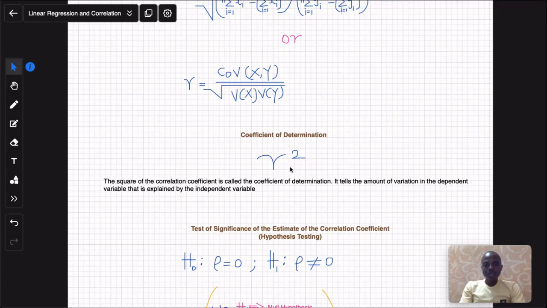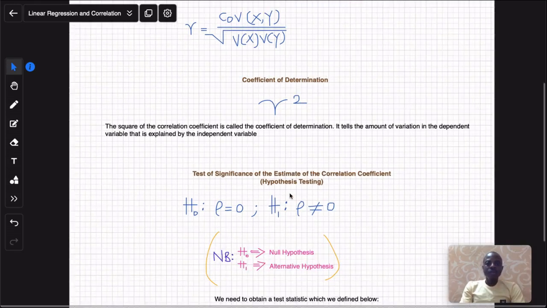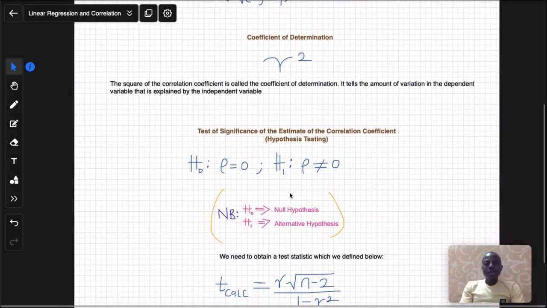You use it because look at the definition here. It tells, or rather it's interpreted as, the amount of variation in the dependent variable that is explained by the independent variable. So if you have two independent variables and you are looking for the correlation coefficient between them, you don't need to talk about the coefficient of determination.